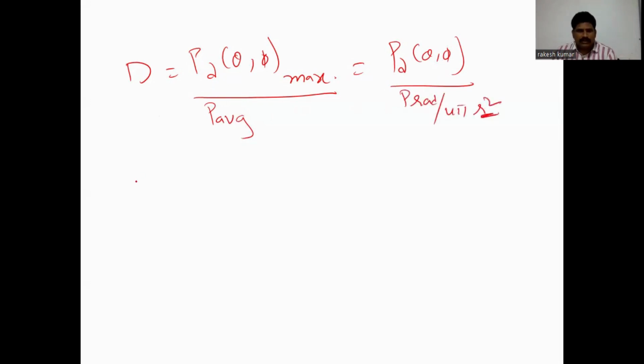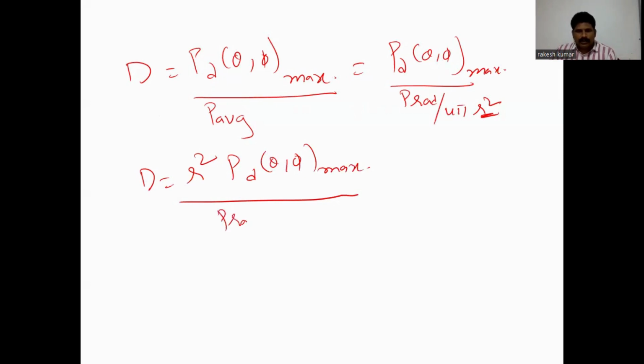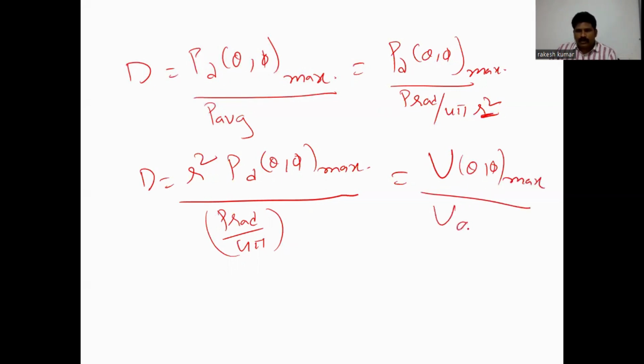I am bringing this r square to the top. So directivity is equal to r square into PD of theta comma phi max by P radiated by 4 pi. The general formula is U of theta comma phi equals r square PD of theta comma phi, but for max, it is U of theta comma phi max by U average.